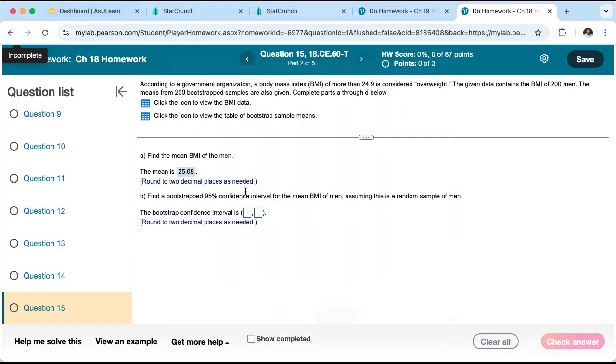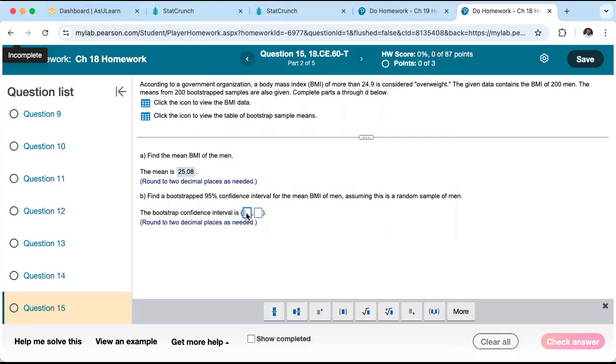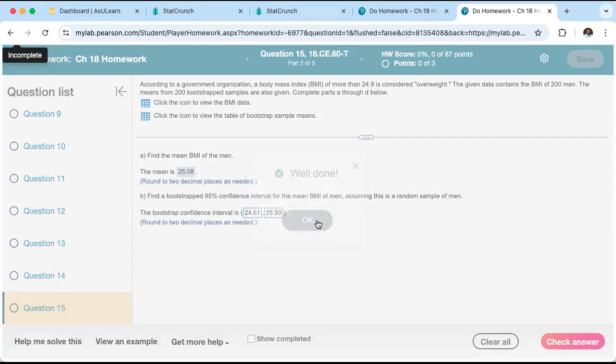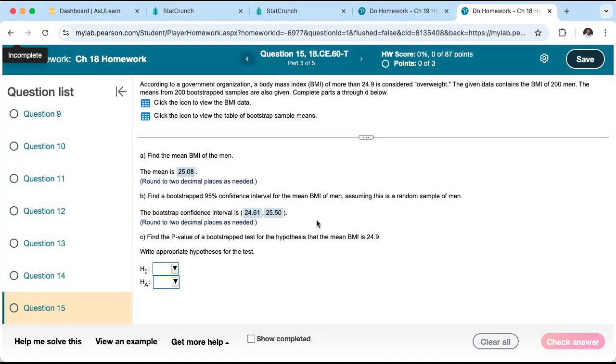Let's try to enter that, 24.61. So I have entered mine. Can we proceed?